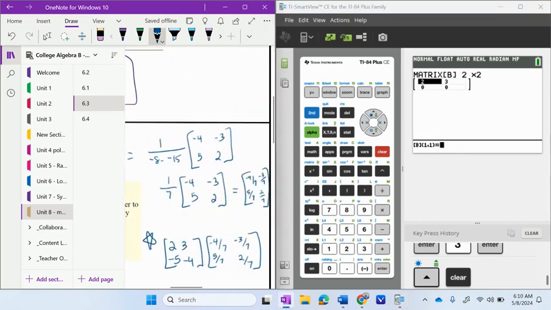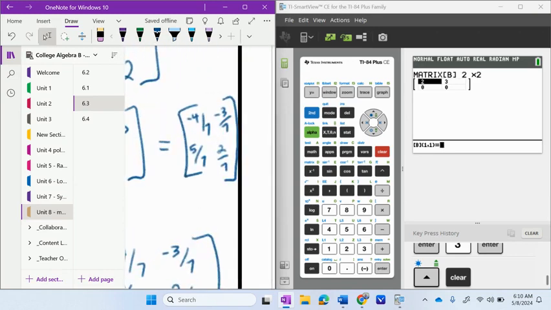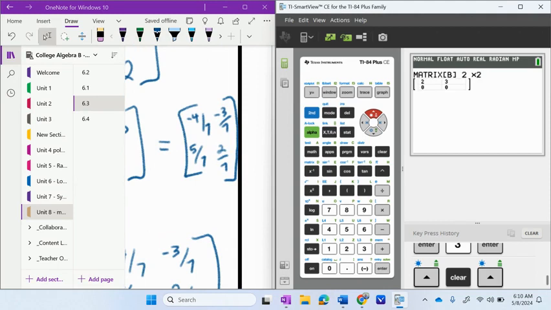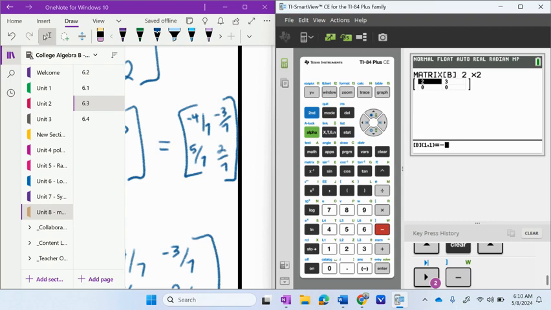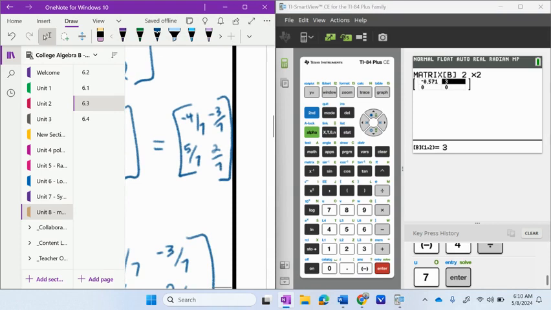So I'm going to put in the inverse matrix that I came up with. So -4/7, -3/7, 5/7, and 2/7.